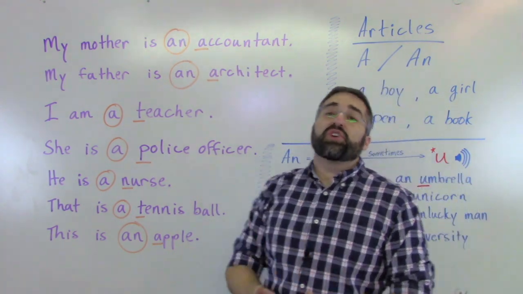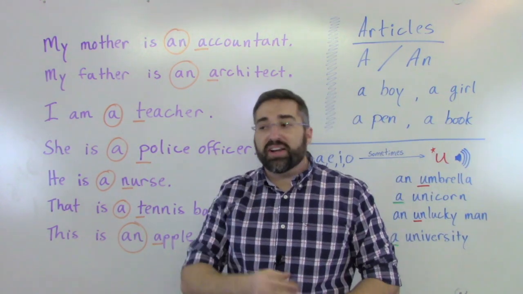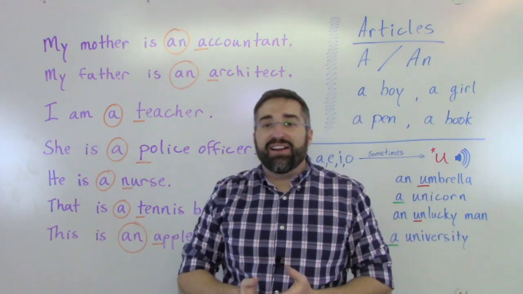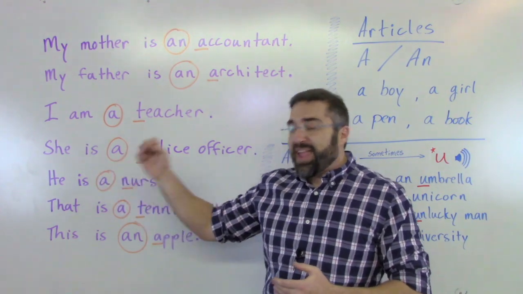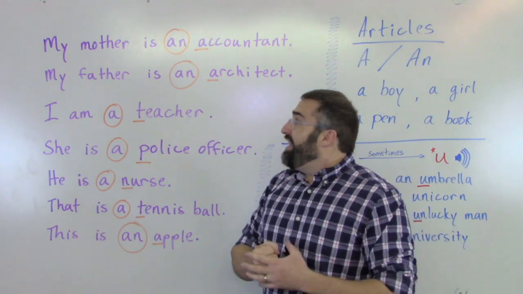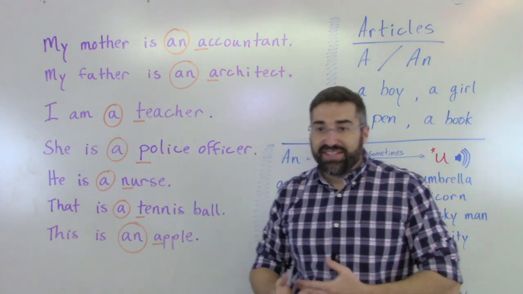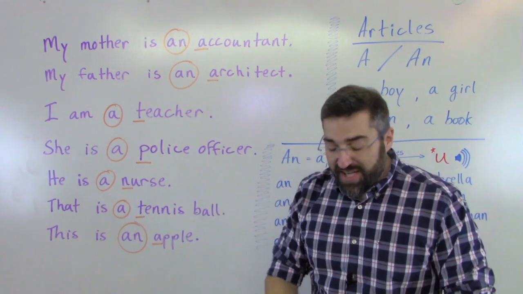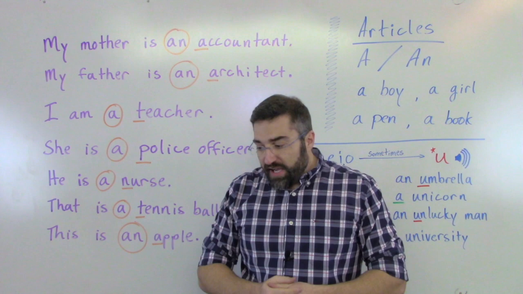I hear so many people say these sentences without an article, or I see you guys writing in your forums and in the classroom areas, and you're not using your article, so you need to put on there, my mother is an accountant. Because we have a, we know it's an accountant. Not a accountant, an accountant.